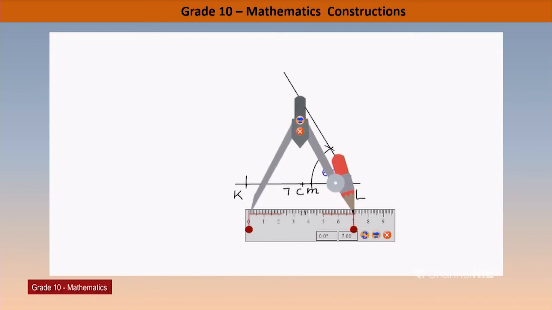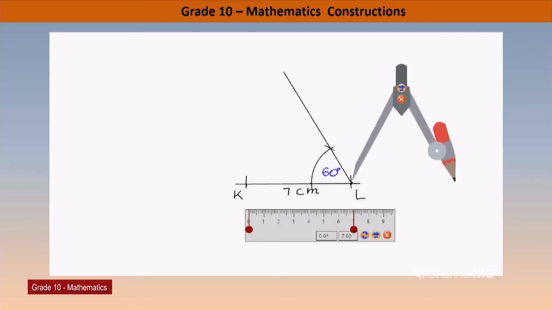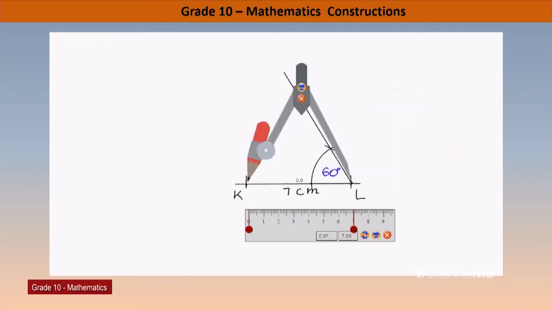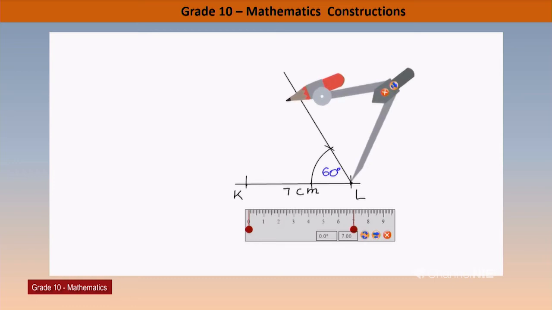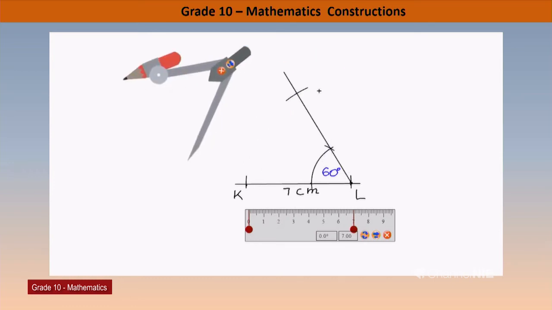Let us find point M. Keep the steel point on L, take L as center, draw an arc. Here we have found that the line and the arc are intersecting, we got a point. So, that is the M.